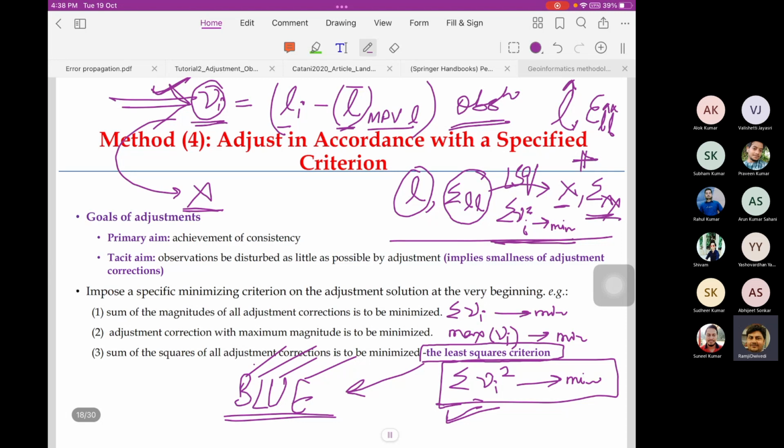That means you are achieving not only the X and sigma XX, but you are also achieving the adjusted value of observation and the adjusted variance covariance matrix of observations. So that is our final aim with any kind of adjustment method.